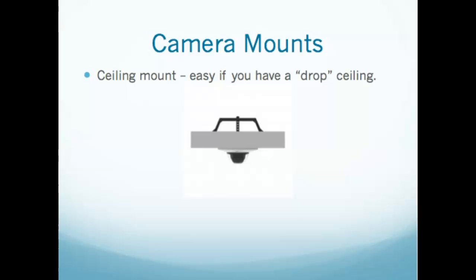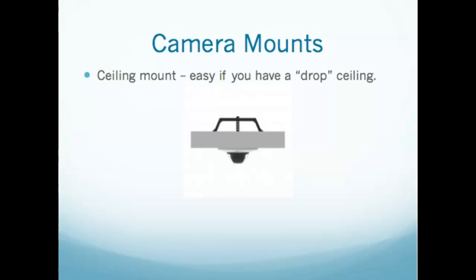So think about a 10 by 10 room with a drop ceiling, and you have this camera in the corner. And you use it there for a while, but then you have something going on in the center. Let's say it's a medical office and you want to be able to see something and you need it in the center now. They've rearranged the furniture in the room, you need to move it. If they have put extra wire when they ran the camera and put a twist tie or a wire strap on it where you've got this coil of wire, you can then just move it inside the ceiling, right?